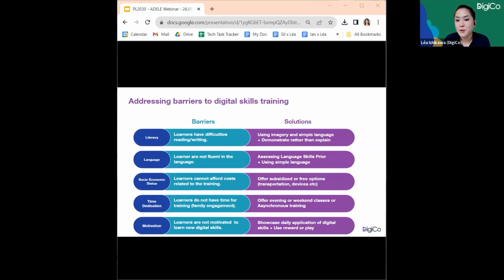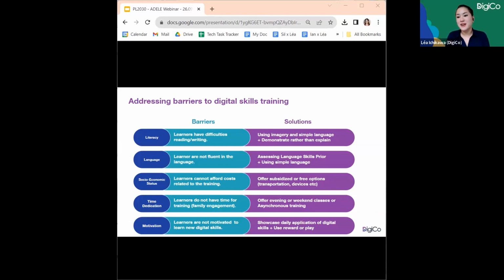I'll give you an example. We have a few training programs that we support, for example, in the Netherlands, where our partner trains individuals who have difficulties reading and writing. They have a low literacy level. And we see that a solution for that is, within the training, to use more images, less text, obviously, and more simple language, as easy as possible, and also to demonstrate things rather than explaining them in a written way.